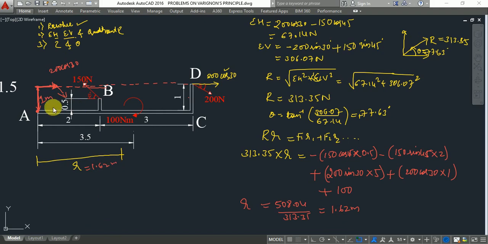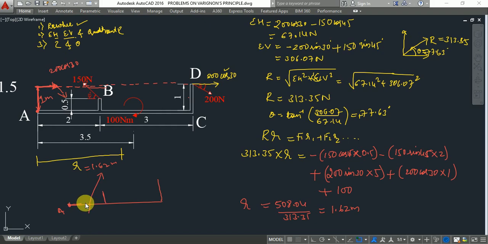That is on this bar. So I will draw it simply. If this is the given bar, about this point, since it is making some angle, the resultant is acting at 1.62. That is, the resultant is acting here at a distance.